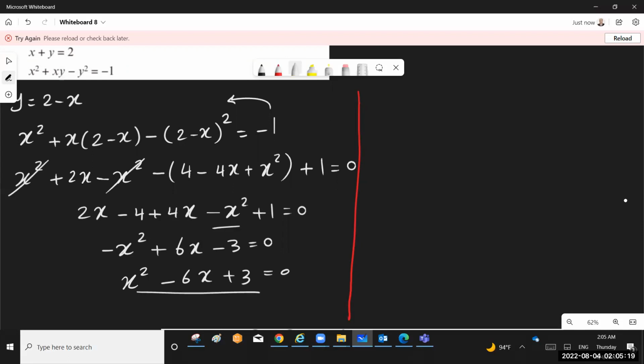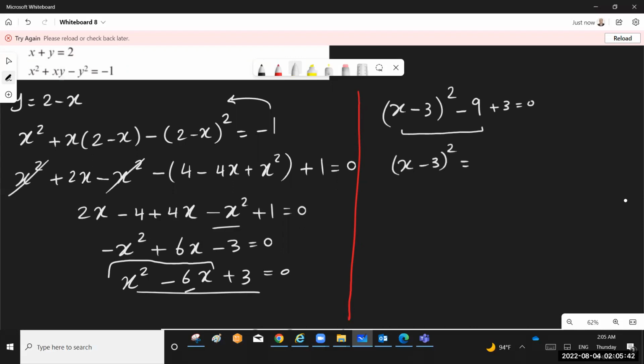This equation can be solved like this. x minus, you take half of 6, which is 3, all squared, minus 9. The first two terms are the same, plus 3 is equal to 0. So x minus 3 all squared is equal to negative 9 plus 3, negative 6, make it 6 on the other side.